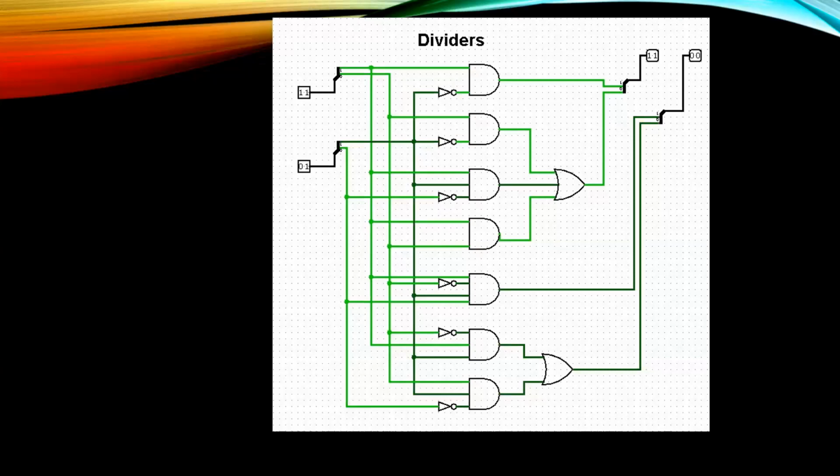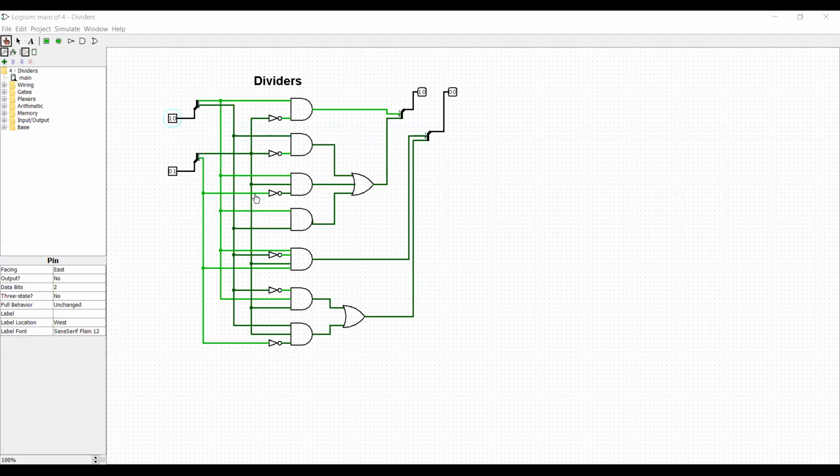Now I will show you how the divider is working. Here we are going to divide the upper number digits by the lower number digits. And here I put 1 0. So I have 2 as the decimal value and here I have 1.